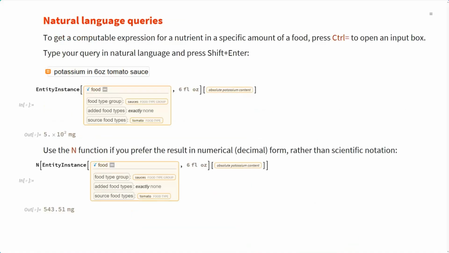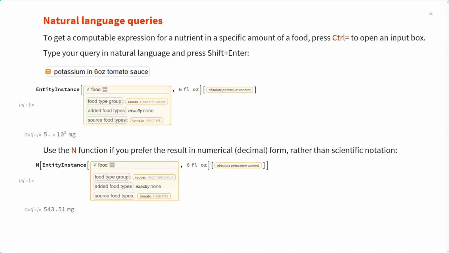Another way to retrieve the food nutrition data within the Wolfram knowledge base is with natural language. The wonderful thing about natural language is you just type your query, use Control-equals to open your input box, and then type your query in natural language and evaluate that.